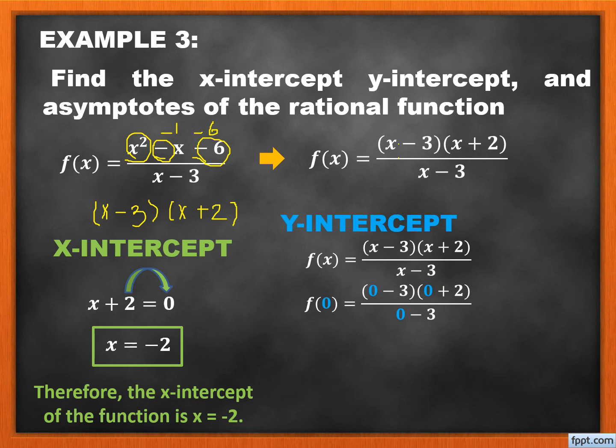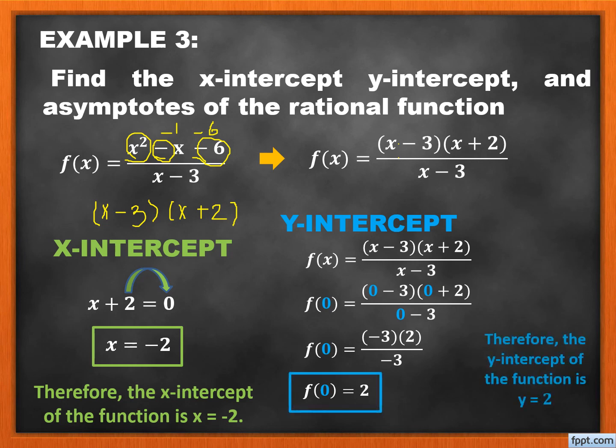So, we have 0 minus 3 times 0 plus 2 divided by 0 minus 3. So, we have negative 3 times positive 2 divided by negative 3. Negative 3 times 2 is negative 6. And negative 6 divided by negative 3 is positive 2. Therefore, f of 0 equals 2. So, our y-intercept of our function is y equals 2.